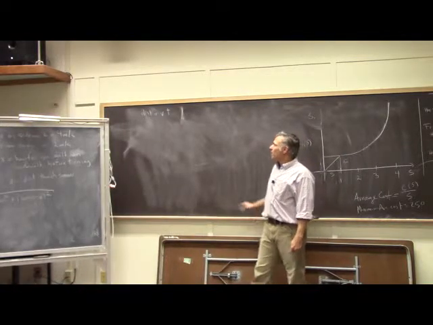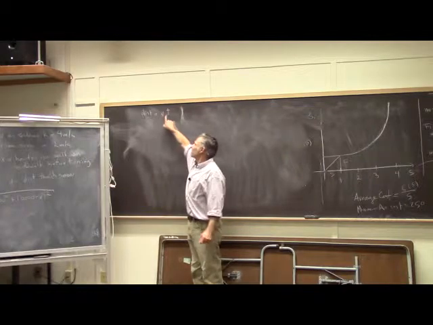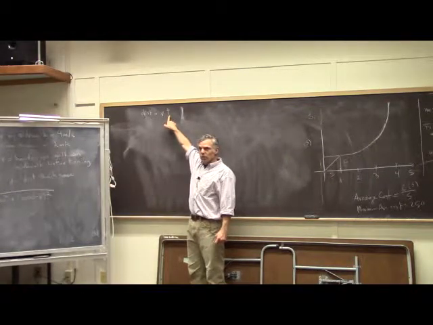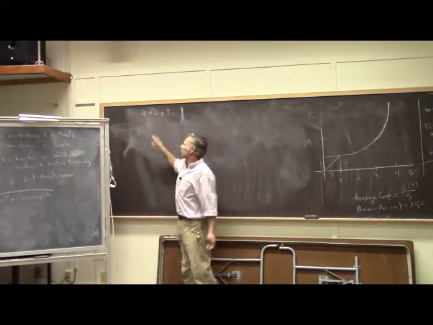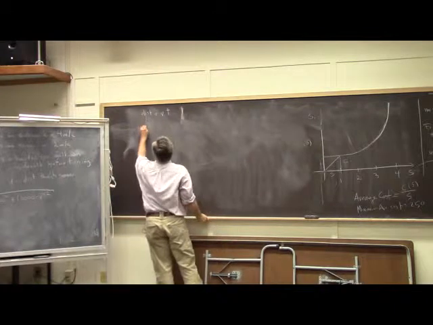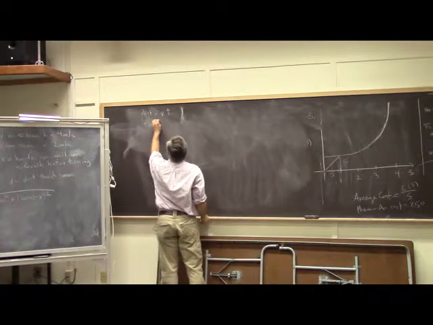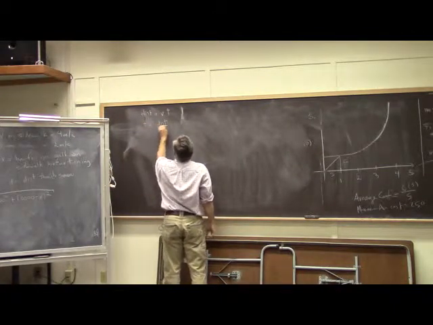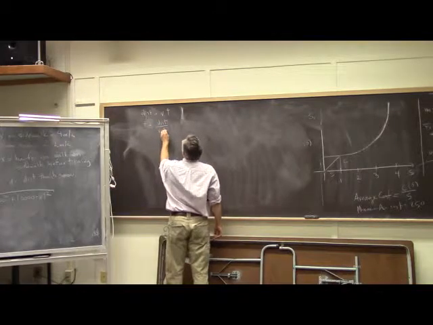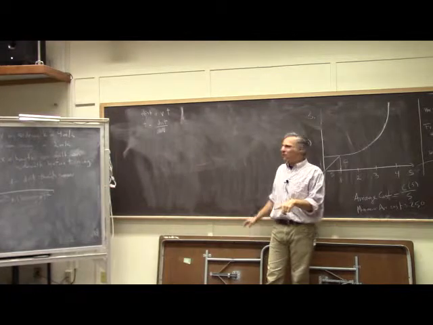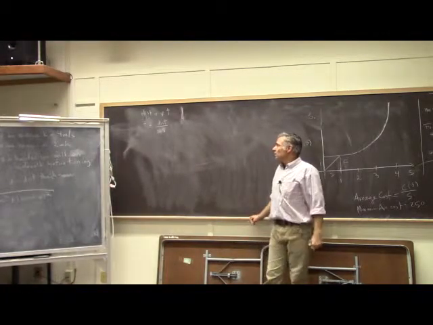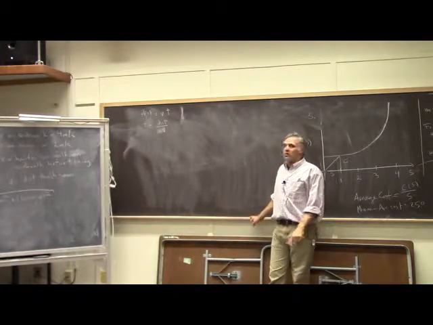If you know how fast you're going and you multiply that by how long you go that fast for, you end up with distance, how far you went. So that means that time equals distance over, let's call it v. So the time it takes you to go a certain distance is the distance divided by the velocity.